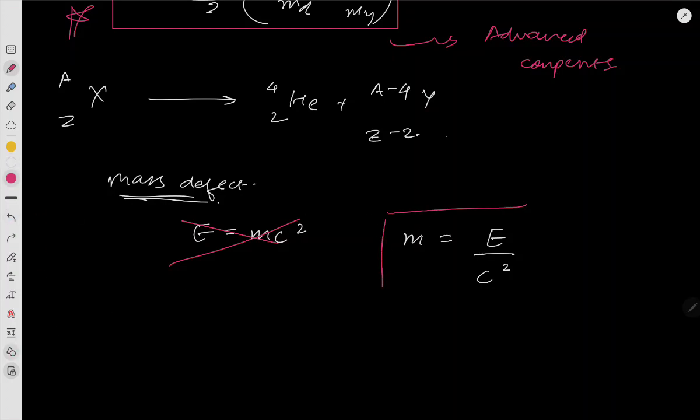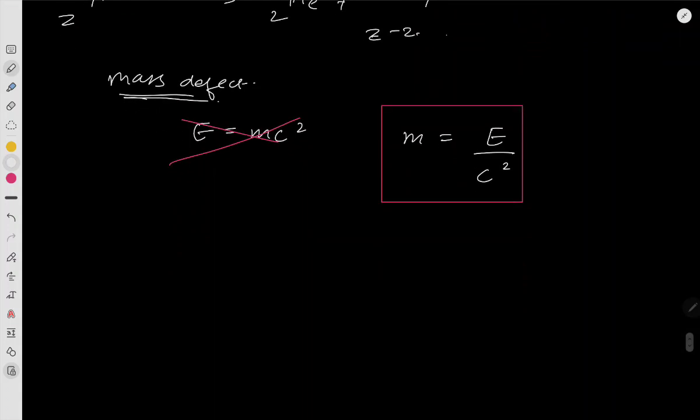This is what Einstein defined, and we'll be learning it that way. So let us know what our mass defect is. It would be mass of x minus mass of alpha plus mass of y. It can be positive, it can be negative at times, as I said.